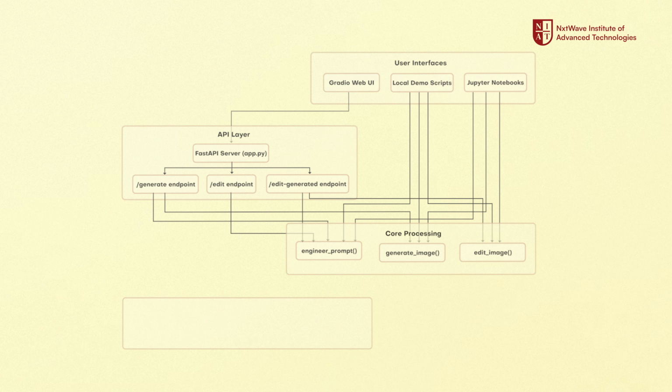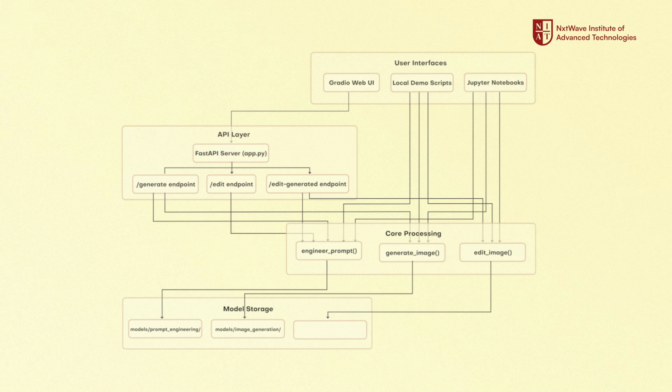Lastly, we have the main aspect without which the entire process will not work, and that is the models. We have 3 different models, technically just 2, but depending on the pipeline, 3 as we discussed. First is our large language model for prompt engineering, specifically Qwen2, which is stored in this particular folder as you see on the screen. And we have our image generation and image editing models.